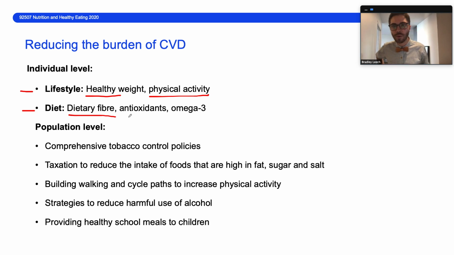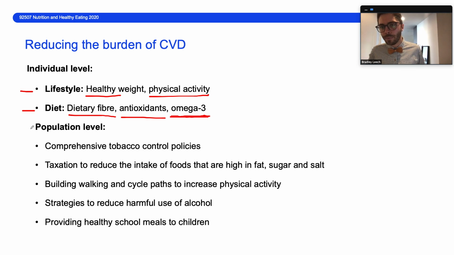So that's dietary fiber. The next one is antioxidants. We discussed a few antioxidants, such as vitamin C and vitamin E. Last but not least, omega-3 can support via reducing inflammation, via reducing triglycerides, and so forth.